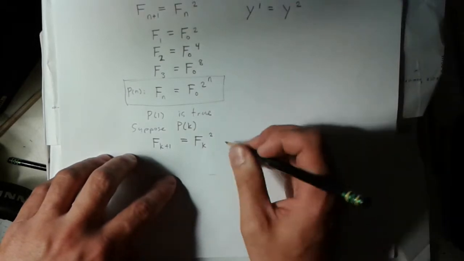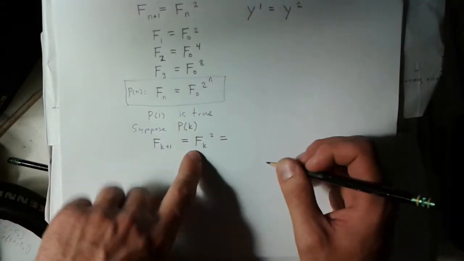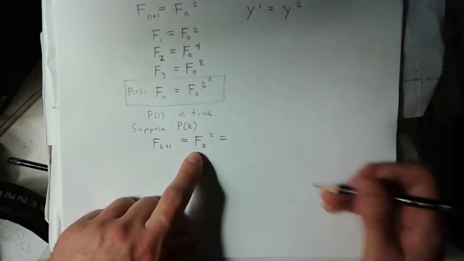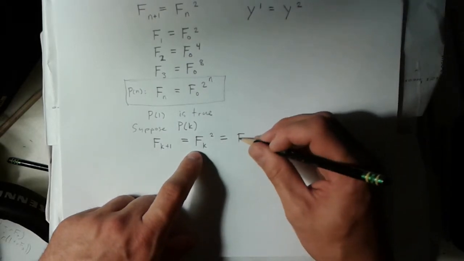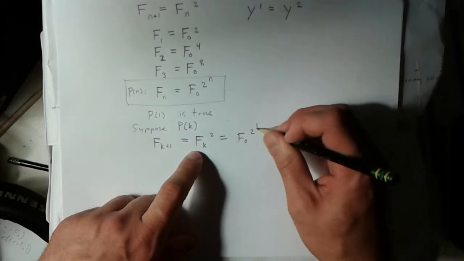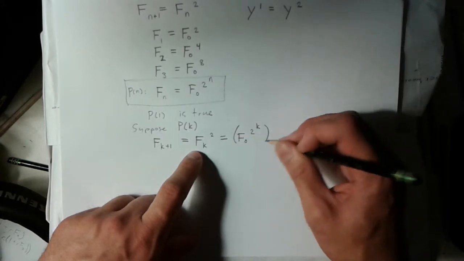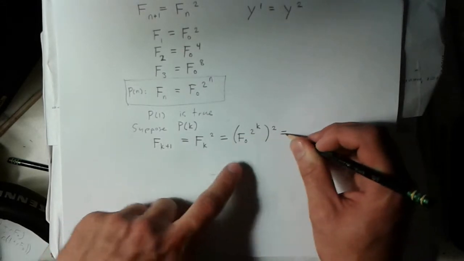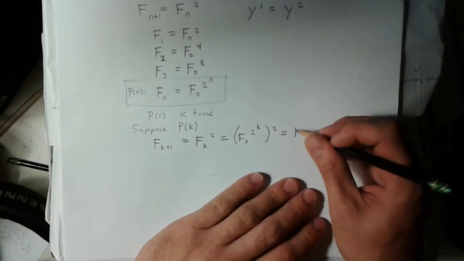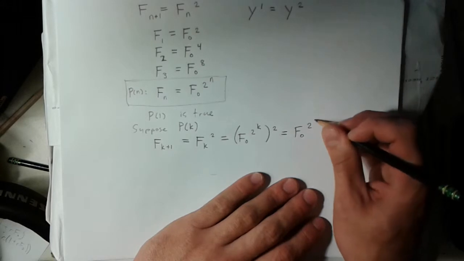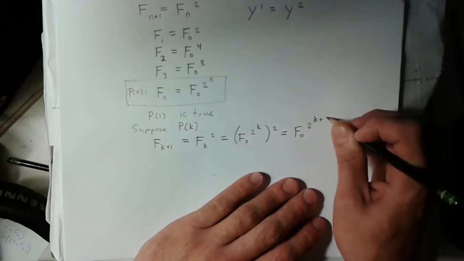fk squared. And we said that since we're supposing p of k is true, f of k is just equal to f0 to the 2 to the k. And so then you just have to be careful to use the exponent rules correctly here, and you'll see that this is f0 to the 2 to the k plus 1.